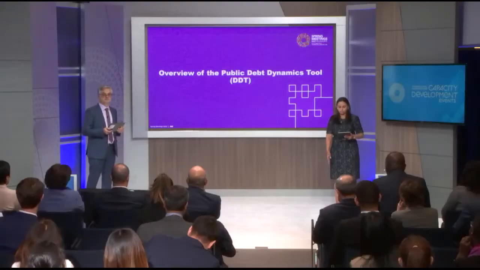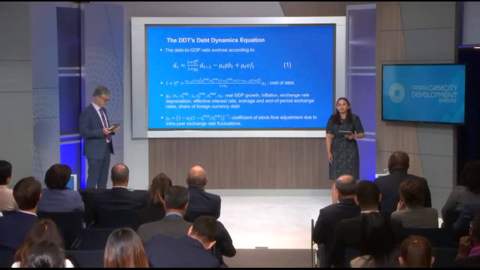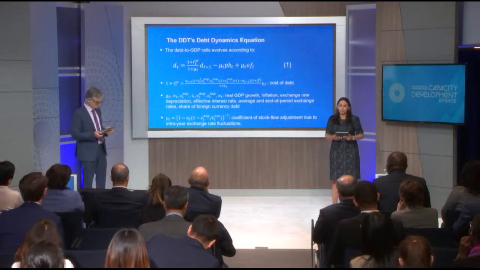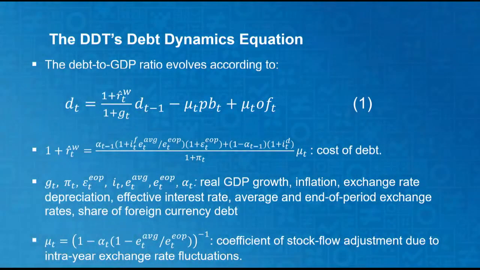Now Marie-Pierre will present an overview of the DDT. The DDT projects public debt to GDP ratio following equation 1, in which you can see that debt grows with the real cost of debt, which reflects the interest rate, the effects of the exchange rate on the cost of foreign exchange debt, and the inflation rate.